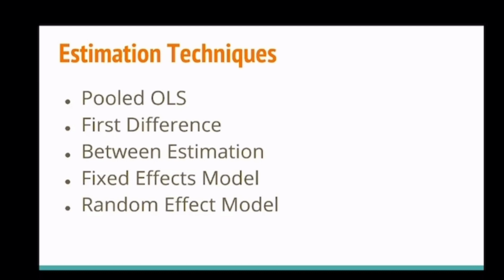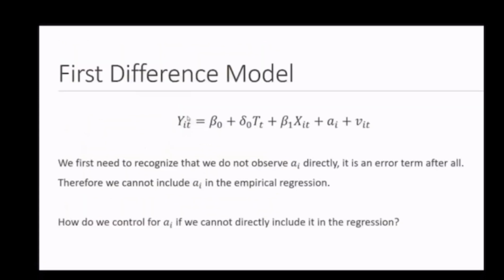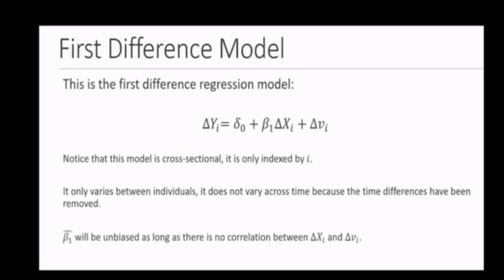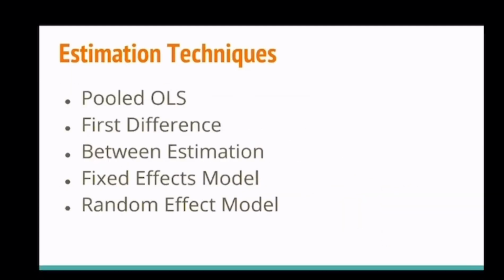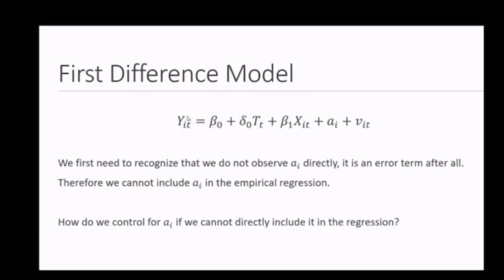We clean the house. Does that make sense? Now, I'm going to show you how we clean the house. When we're talking about first difference, please take notes. With first difference, how do we clean the house? This is our model, right? This is a panel model. Don't forget, this is representing years of education, and this guy is representing wage.